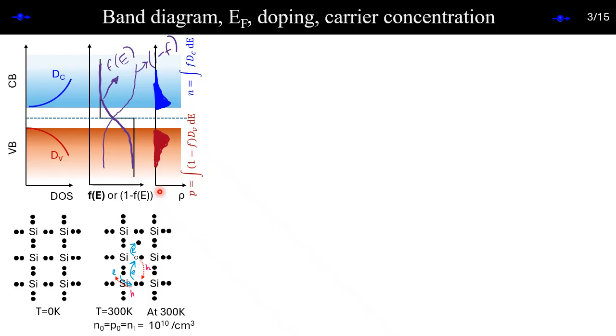Now what will happen for the extrinsic? Let's focus on the n-type material. For n-type material, what you know so far, we must have more electrons, right? You agree? If you need to have more electrons in the system, what type of modification will you do here? What is the thing that can be changed?